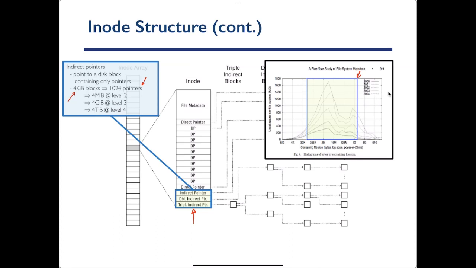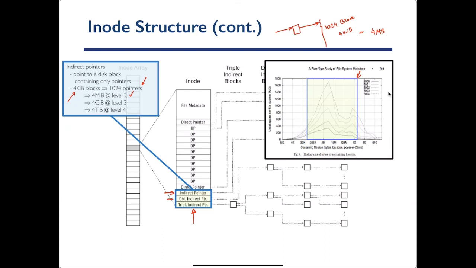So the single indirect pointer could cover 4 megabytes, right? Because this points to a block, and this block points to 1,024 other blocks. Each one of them is 4 kilobytes. So this would be 4 megabytes.